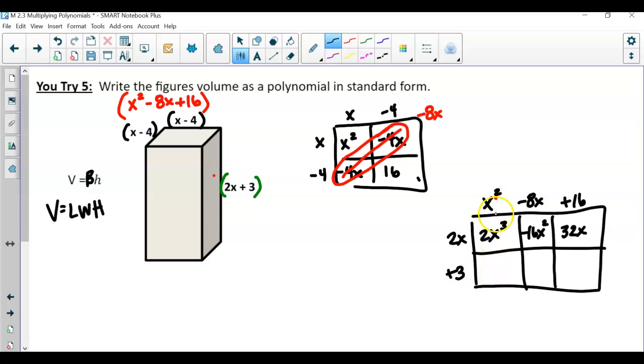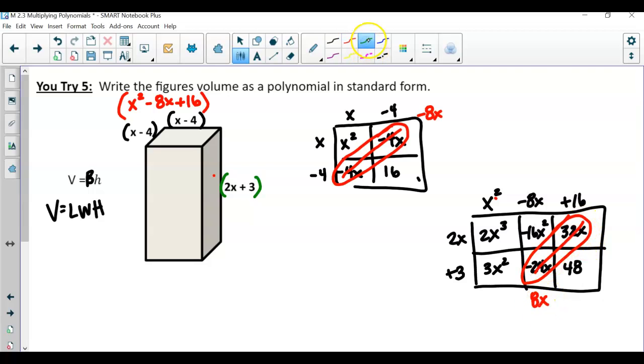X squared times 3, 3x squared. Negative 8x times 3, negative 24x. 16 times 3, 48. Now combining your like terms here on the diagonal. So notice how I have 32x minus 24x, which is 8x.